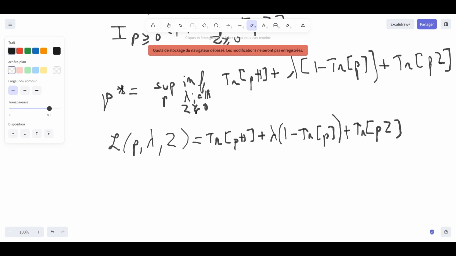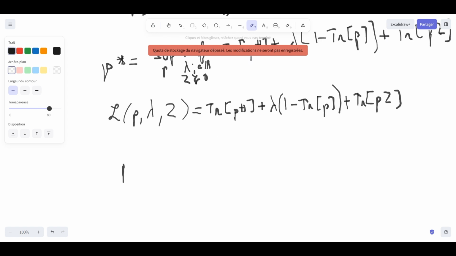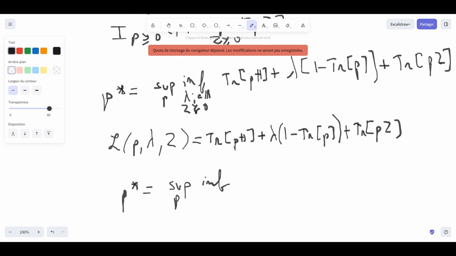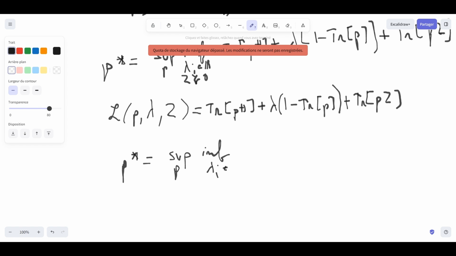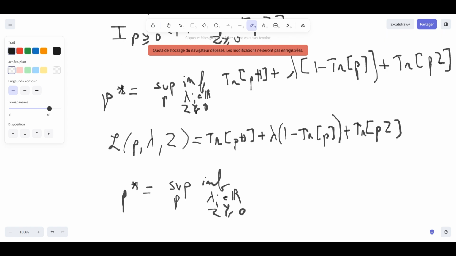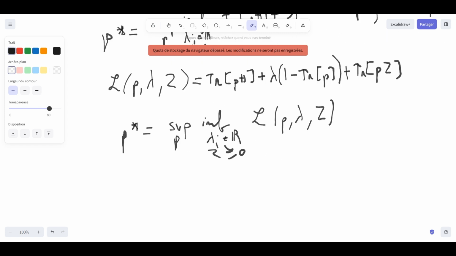So P star at the end is just equal to the sup over P of the inf over lambda in R, with Z being superior to 0, of the Lagrangian of P, lambda, Z, and so that's inferior to the inf of the sup.